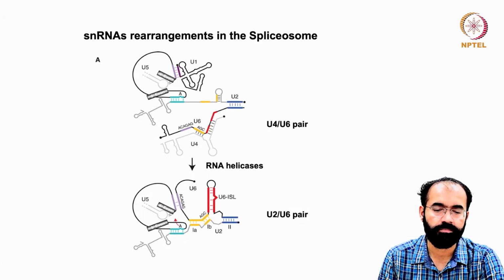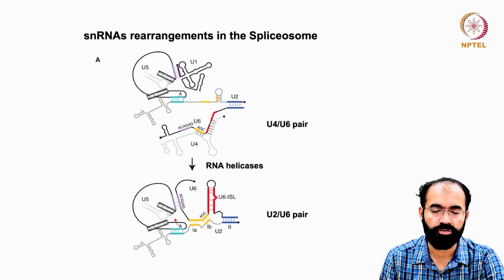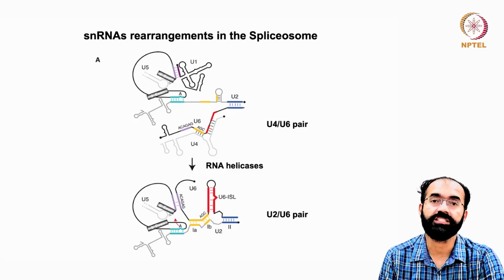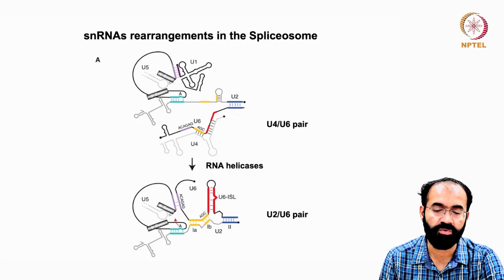The first exon, intron, branch point, and the second exon. Now U1 has paired and U2 also has paired, but remember U2 has a much longer piece that is projected out, which is welcome to occupy a small portion of U6, and U6 is not free. U6 now comes already paired with U4.